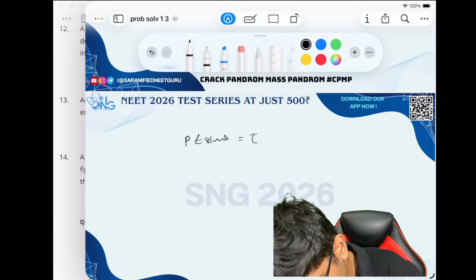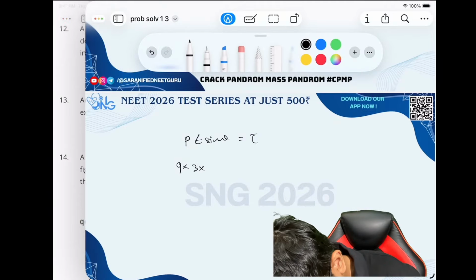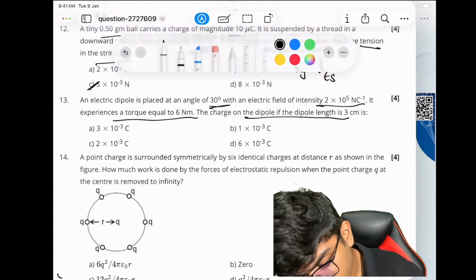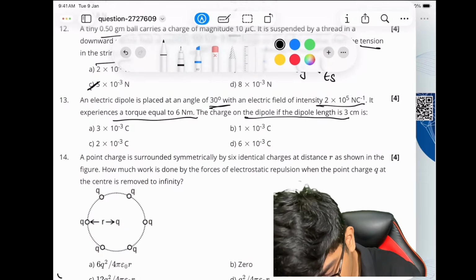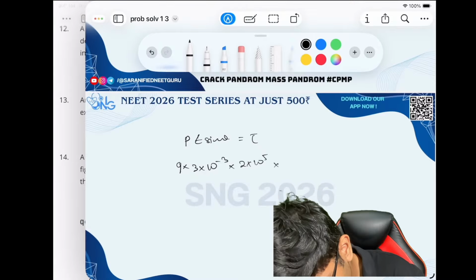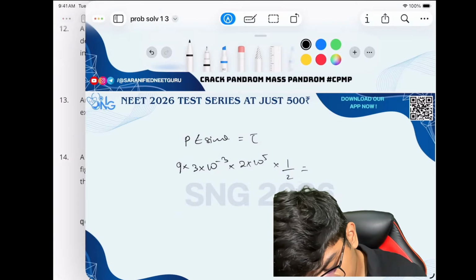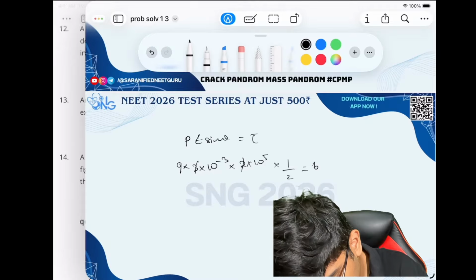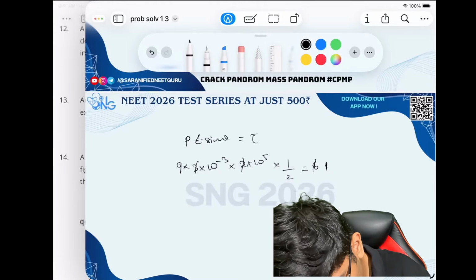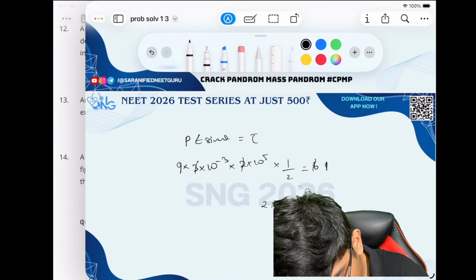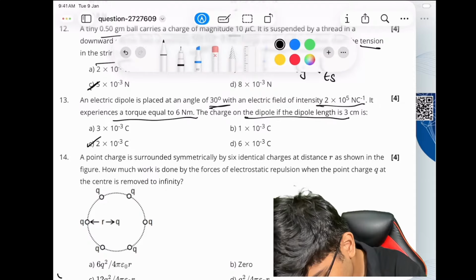P is nothing but charge into dipole length, which is 3 centimeter, into field 2 into 10 power 5, into sin 30, which is 1 by 2, equal to tau, the torque, which is 6 Newton meter. So cancel, and 2 into 10 power minus 2 is the charge, or 20 millicoulomb, or 2 into 10 power minus 3.